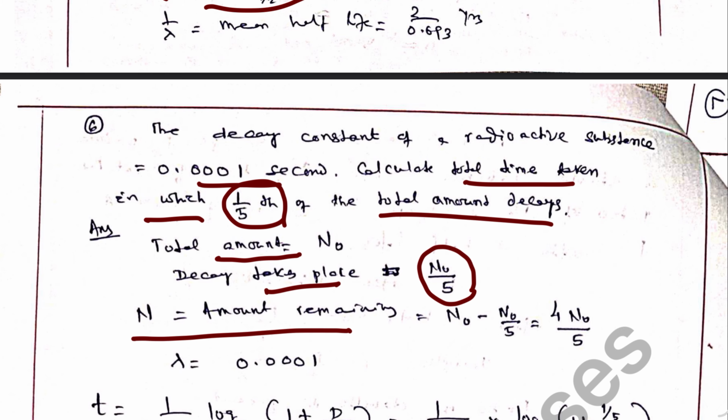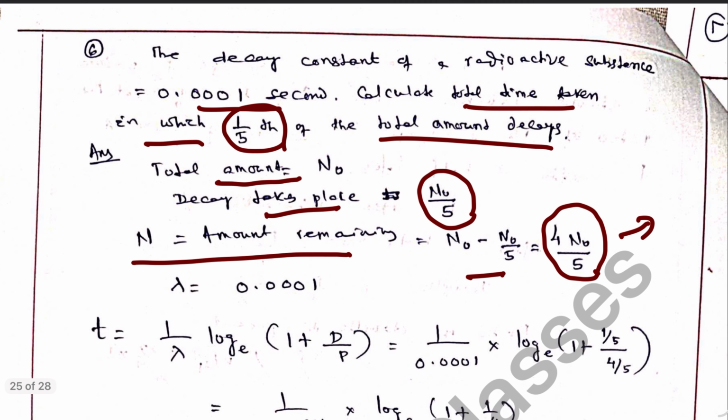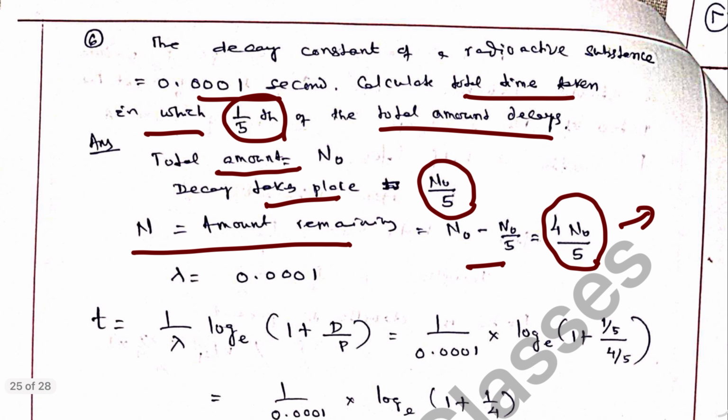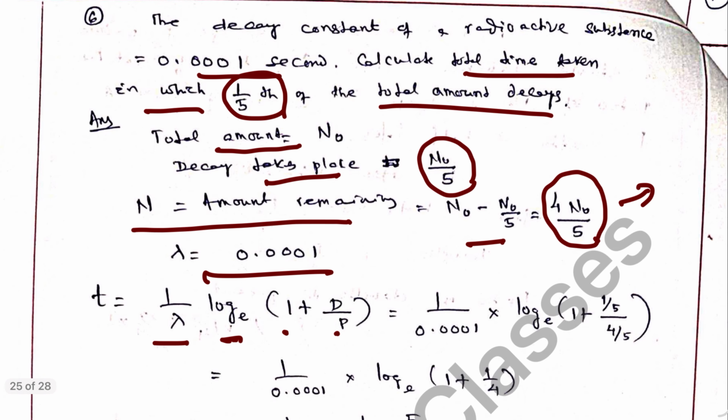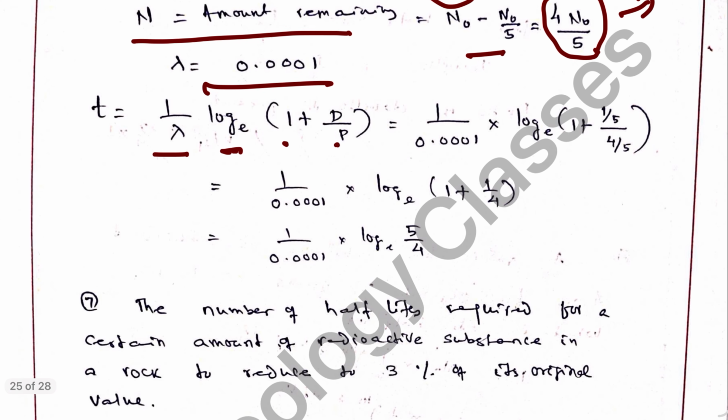N is the amount remaining. So N0 minus N0 by 5 is equal to 4N0 by 5. That has been converted into daughter. Lambda is given. So T is equal to 1 by lambda log e of 1 plus D by P. So everything is known. So T can be found out.